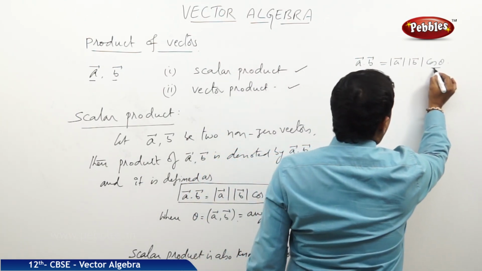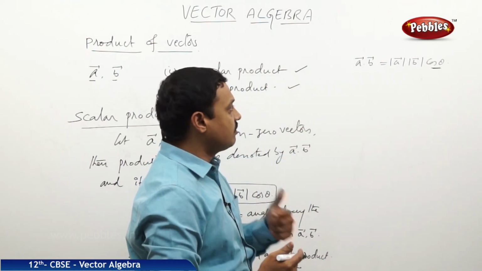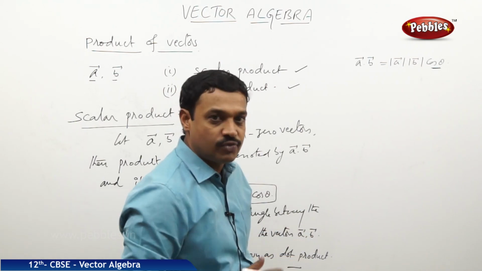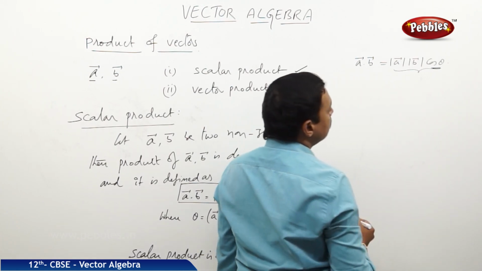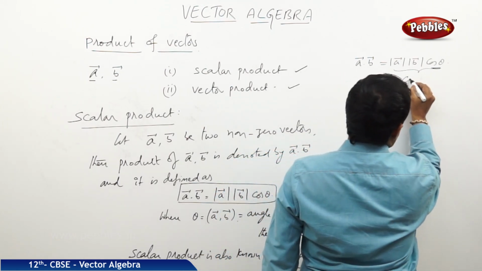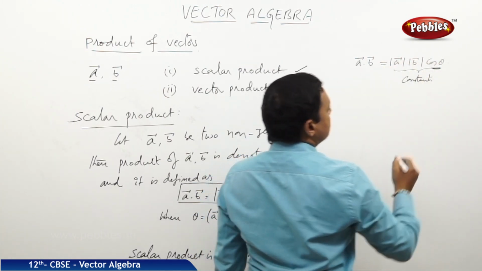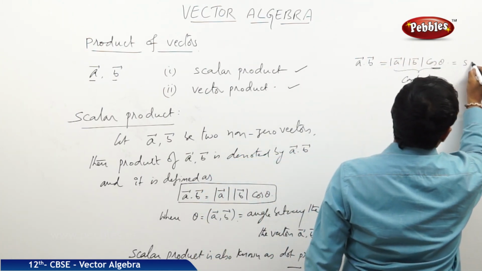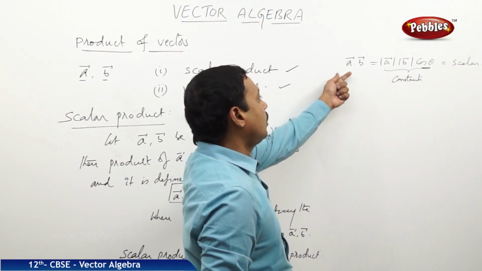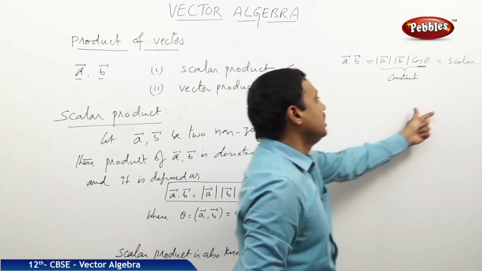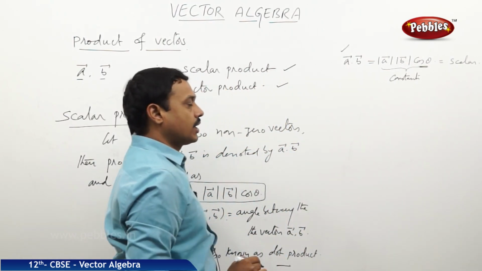And cos theta, the cosine of the angle between the two vectors, is also a constant value which lies between -1 and 1. So all these three quantities are constants. Then the product of three constants is a constant, known as a scalar. Therefore finally the product A dot B is a scalar quantity. Hence this product is a scalar product.